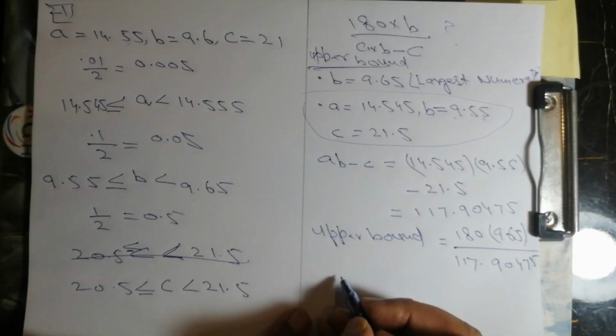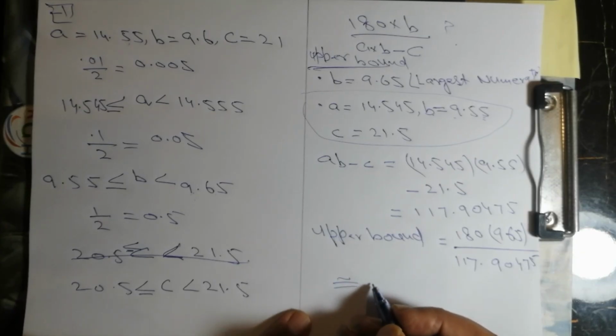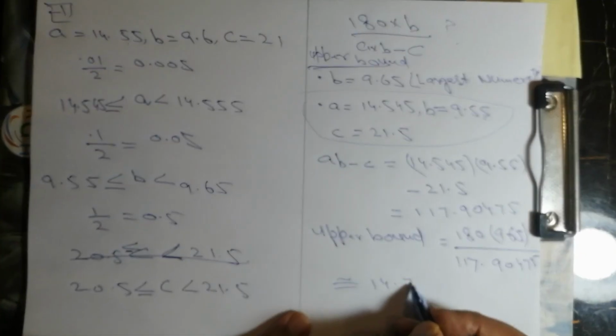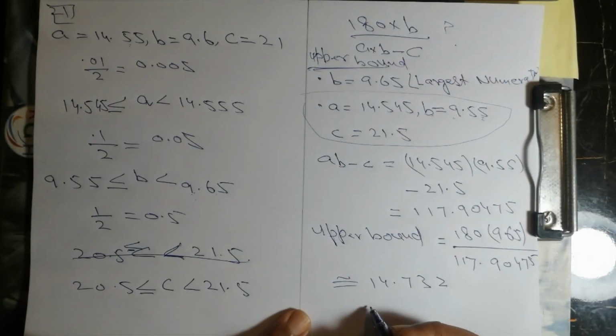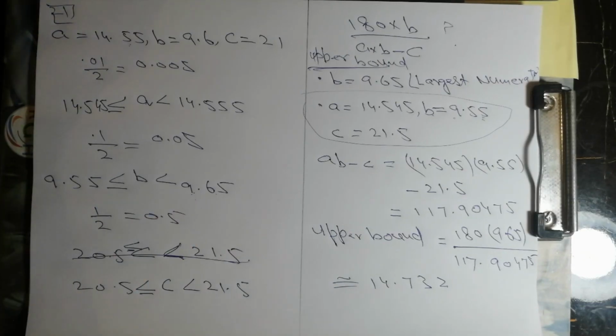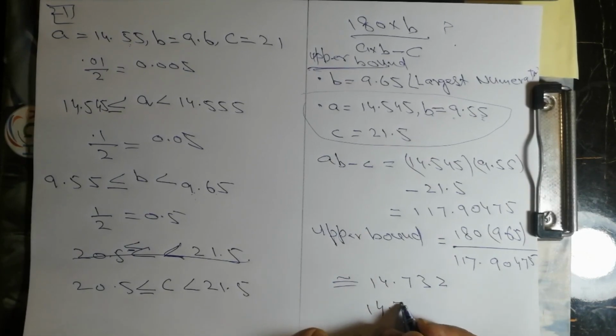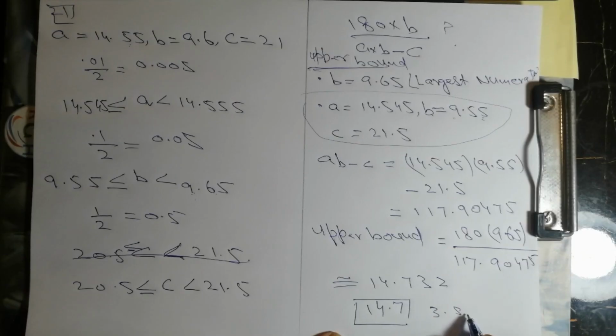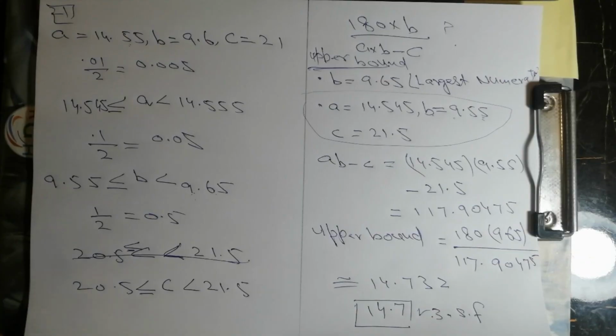By dividing, it is approximately equal to 14.732, and we need to answer to three significant figures. So 14.7, as per the given condition of three significant figures. So this is one answer. And for the lower bound, I write the set of values for the lower bound.